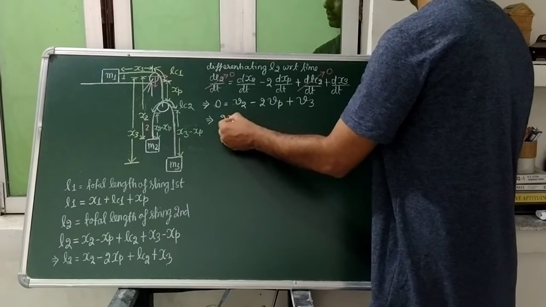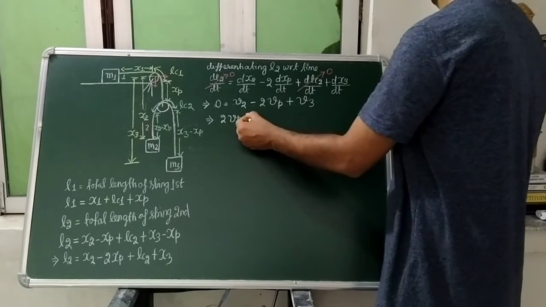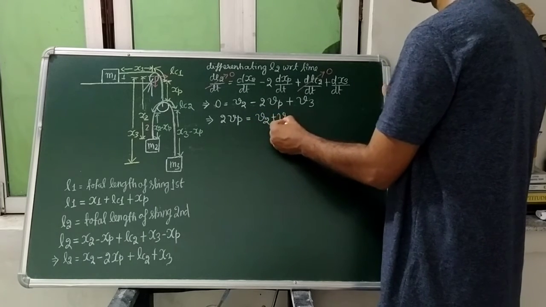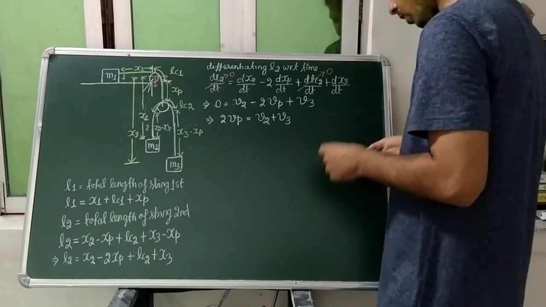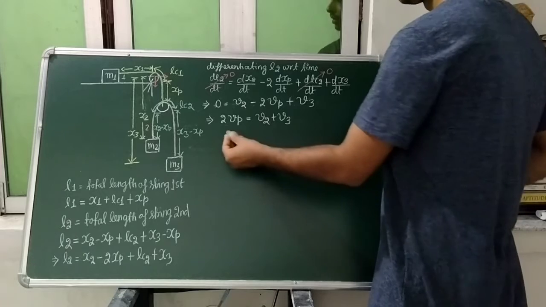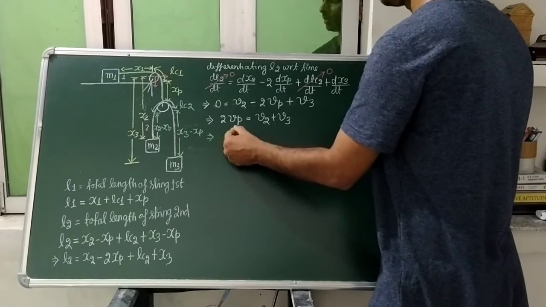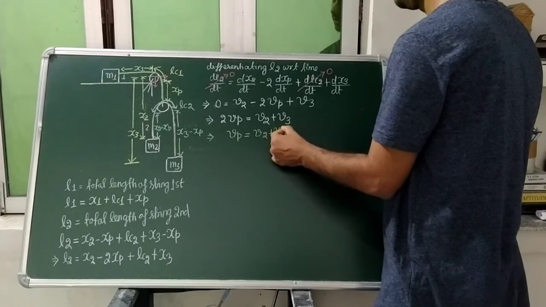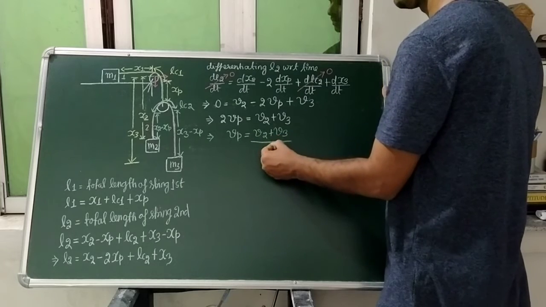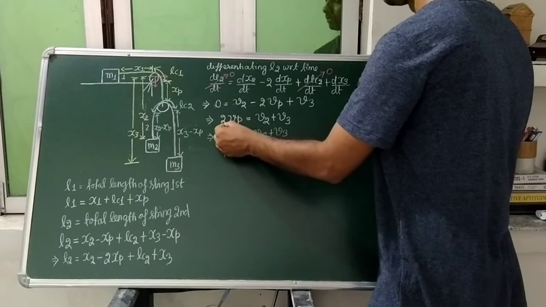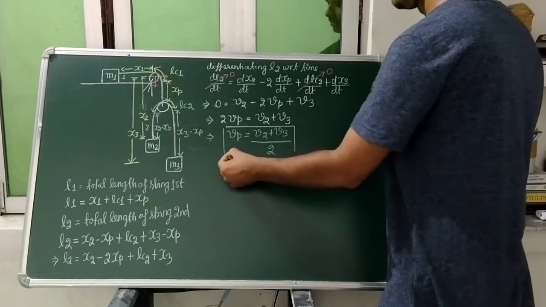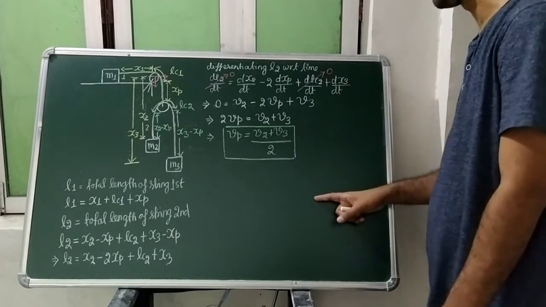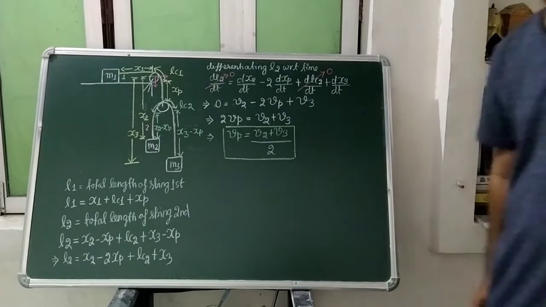We can bring this twice vp to the right side, and we can write it as equal to v2 plus v3. Or in other words, we can say this velocity vp should be equal to v2 plus v3 divided by 2. Isn't it? So by differentiating we are getting this result.